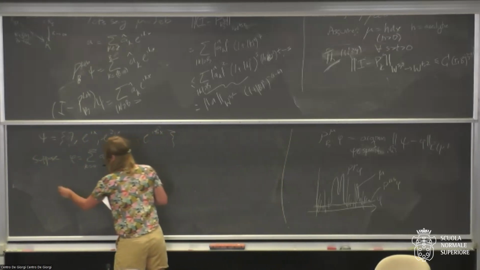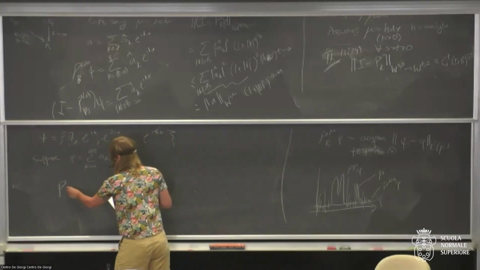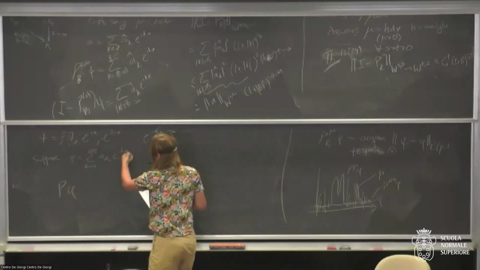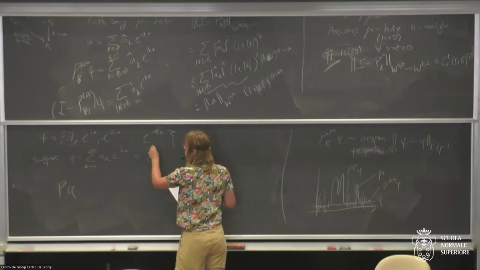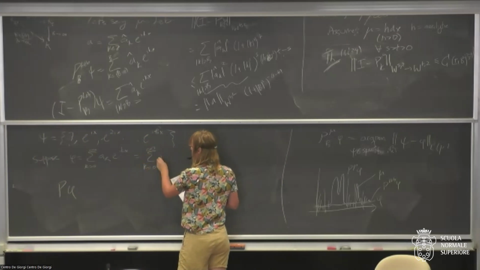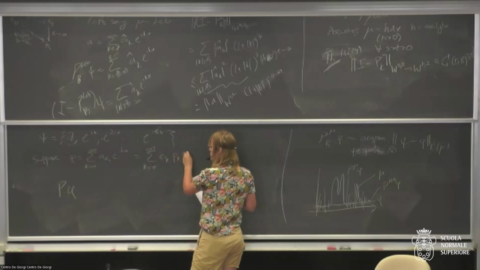So we can ask ourselves what happens if we do this projection on phi. Well, it's a bit hard to write in terms of these basis functions, but we may be able to write it in terms of, let's call it c_k, p_k of x.